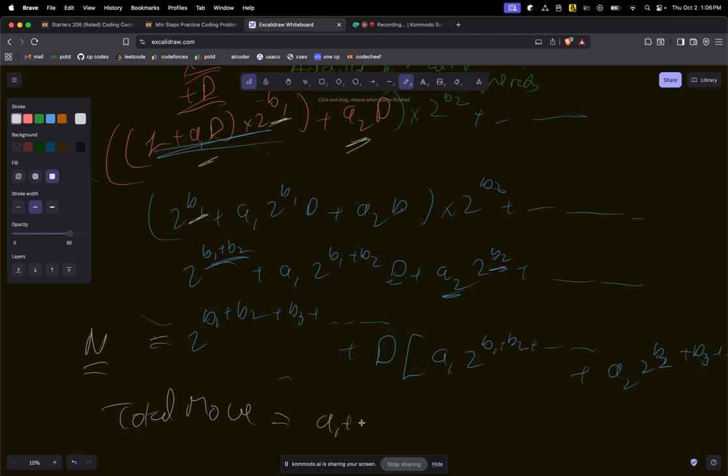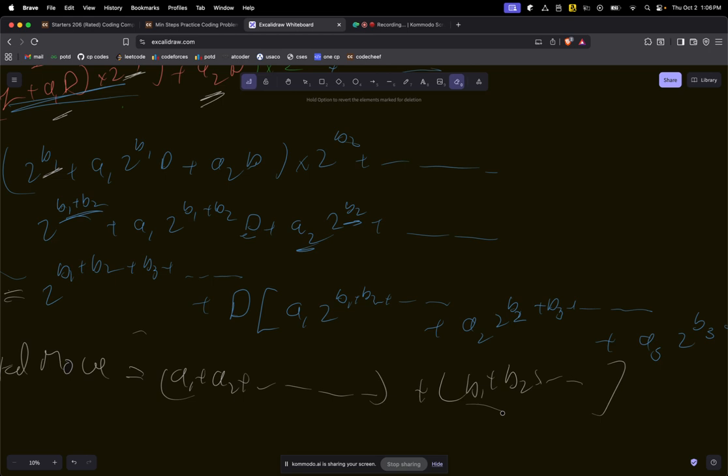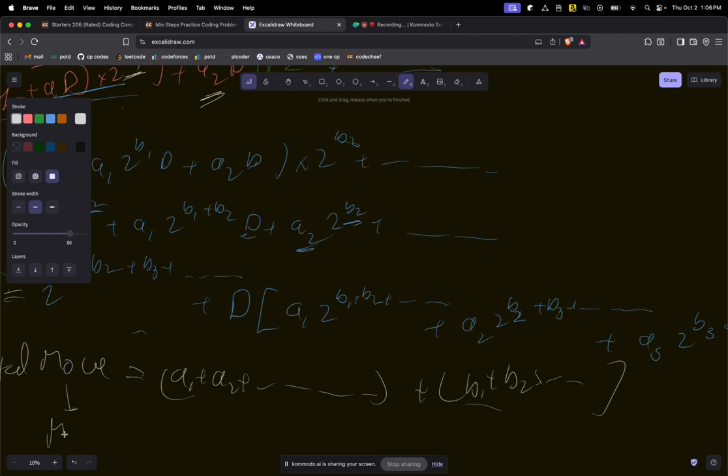So it would be a1 plus a2 plus dot dot dot plus b1 plus b2 plus dot dot dot. That is sum of a constant, and sum over b. So that is the total moves, and we want to minimize this.